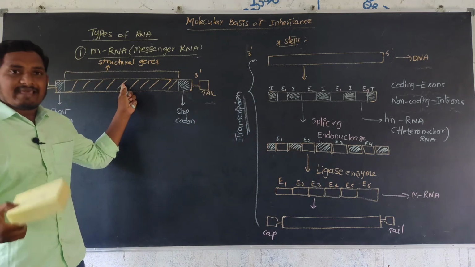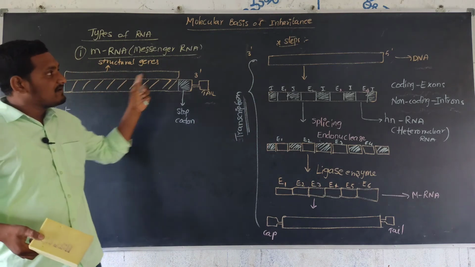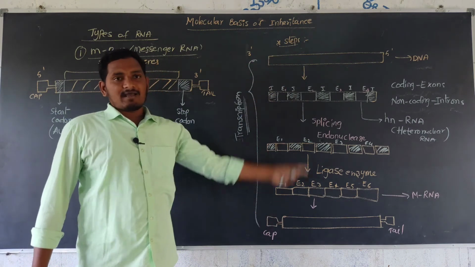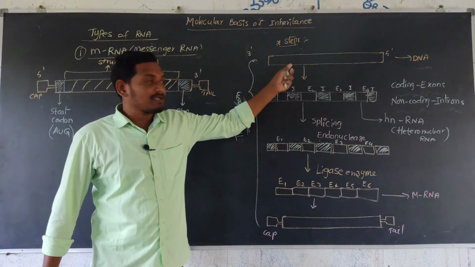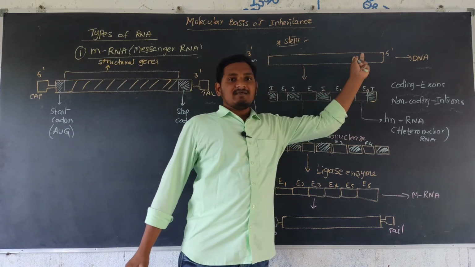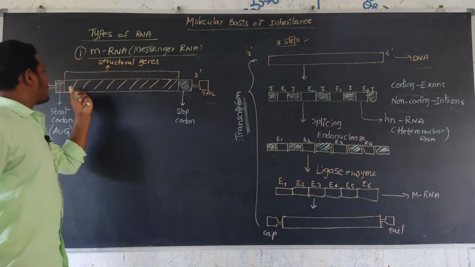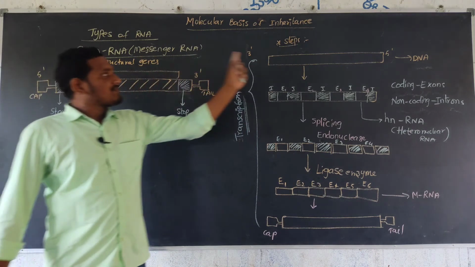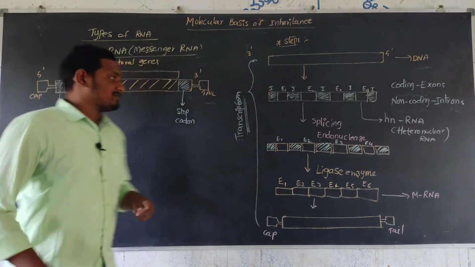This RNA comes from DNA; RNA is a copy of DNA. That's why whatever information is there in DNA is observed here in the structural genes.